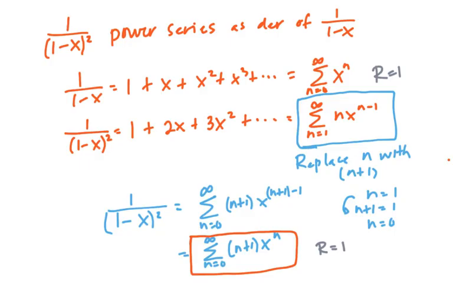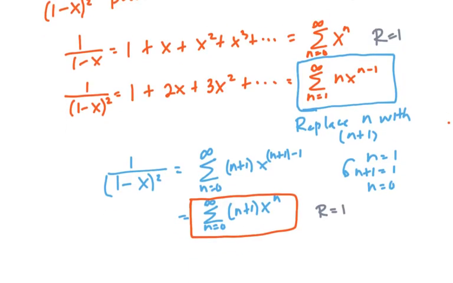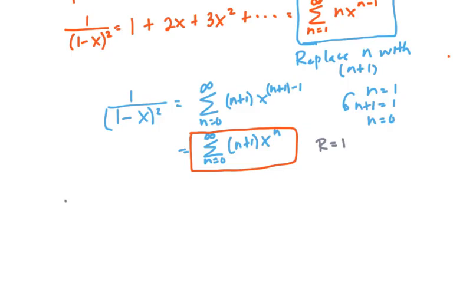Let's look at another example. Before we do, let's go back real quick and talk about the derivative of 1 over 1 minus x. This can be written as 1 minus x to the minus 1, right?